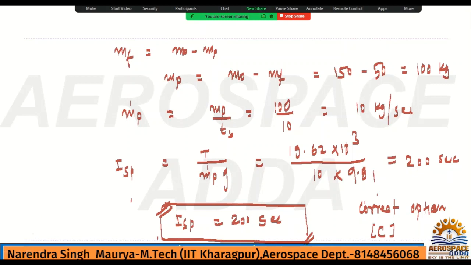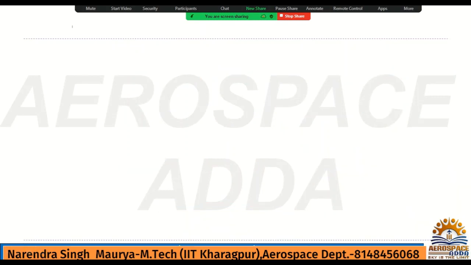So we'll have another question. This is also a GATE problem, Problem 2. This question is about a rocket with a lift off mass of 10,000 kg.